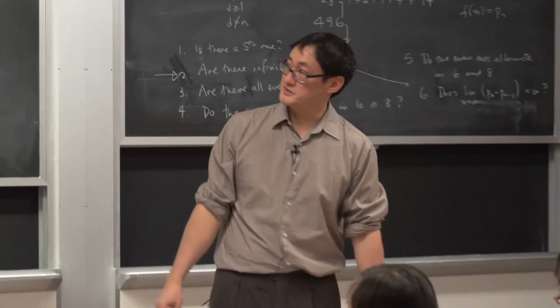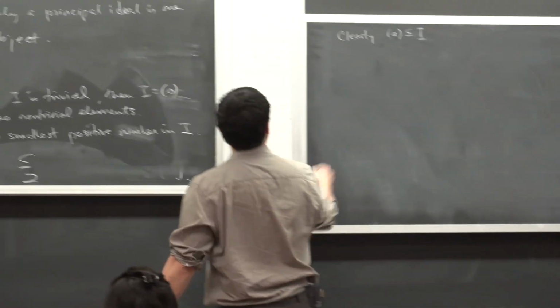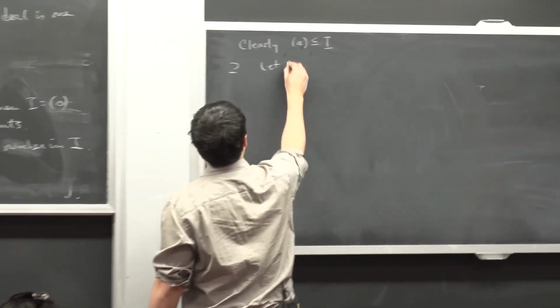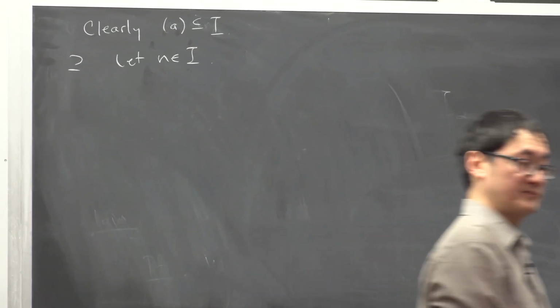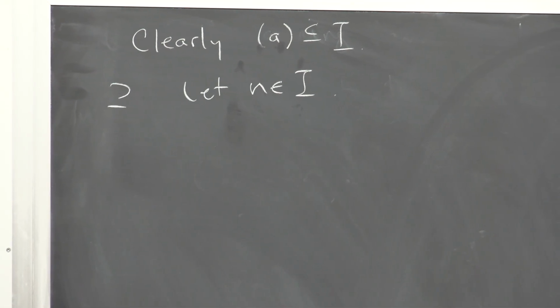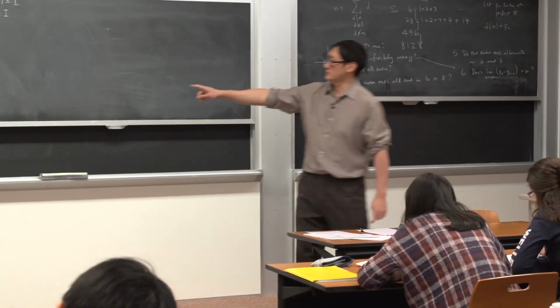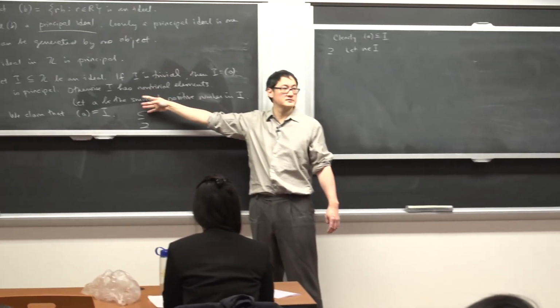All right. So please finish this. And the way to do it is to execute the division algorithm. Okay. Let n be in I. And execute the division algorithm on n and A. Make sense? Okay. And minimality. Remember, whenever you have smallest, that has to come in.